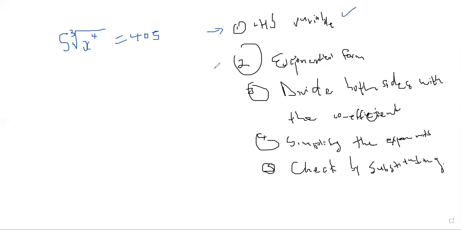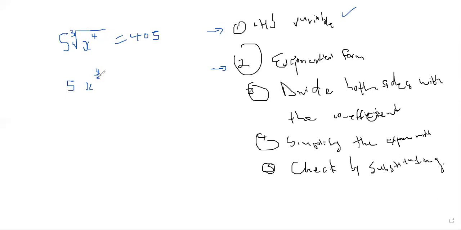The second thing to do is to write it in exponential form. As I just showed you, you take the coefficient and then write x to the power of 4 all over 3, because it's always the exponent all over the degree.